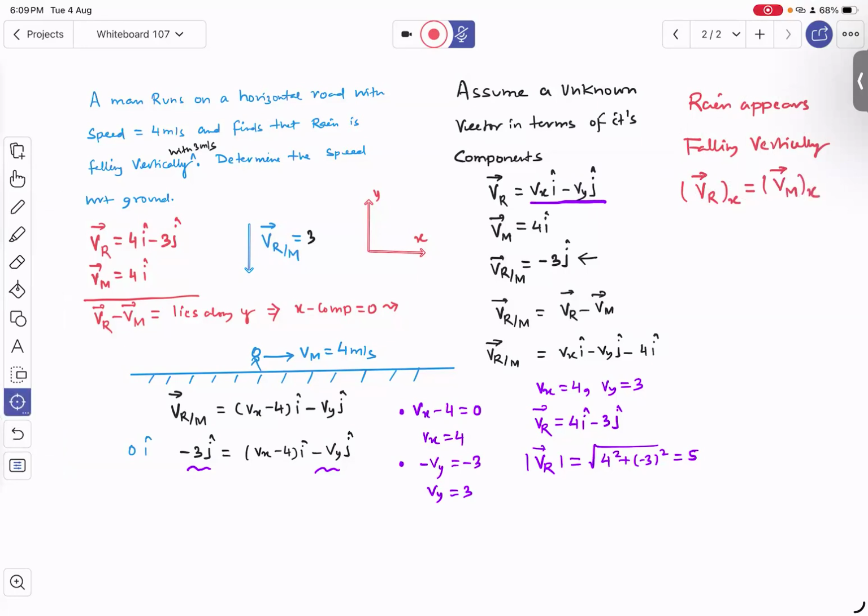So whenever you find rain falling vertically, automatically you will understand that the x component of the VR vector and the x component of the VM vector are the same. So when I take the difference of VR and VM, the x component vanishes and the only thing that remains is the y component. In such a situation, rain will be seen falling vertically.